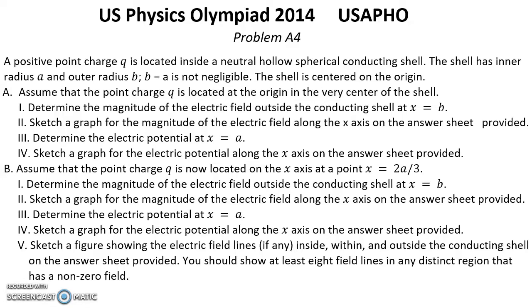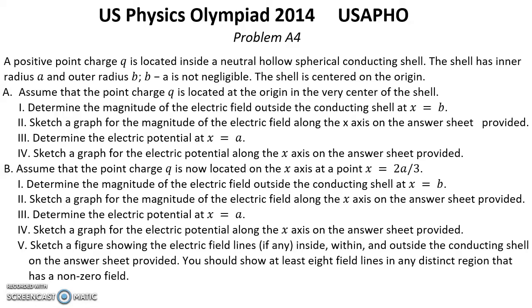Determine the electric potential at x equal a. Question 4. Sketch a graph for the electric potential along the x-axis. Question 5. Sketch a figure showing the electric field lines, if any, inside, within and outside the conducting shell on the answer sheet provided. You should show at least 8 field lines in any distinct region that has a non-zero field.